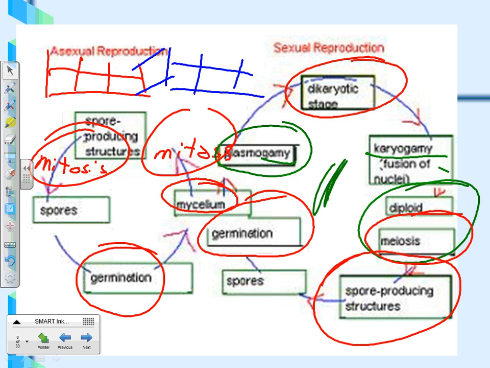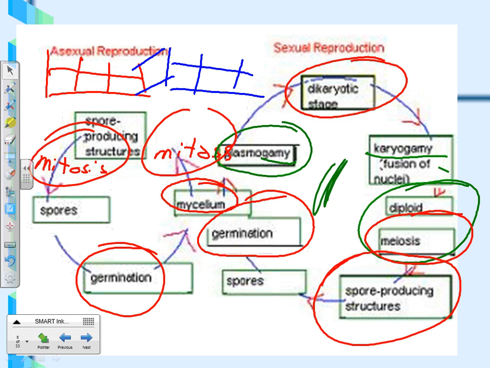When did we say asexual makes sense? When the environment is nice and wet, stable and good, and the organism, in this case the fungus, is good at living there. Asexual makes sense when what's going on? Sexual makes sense when what's going on?